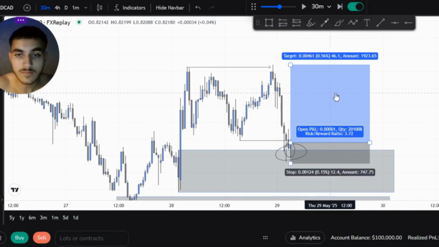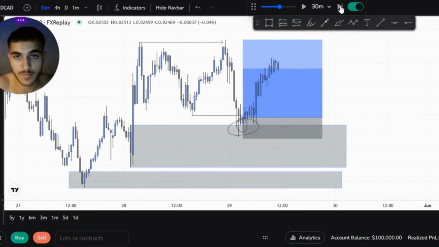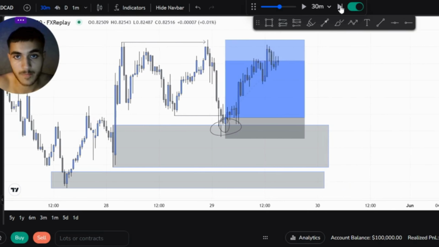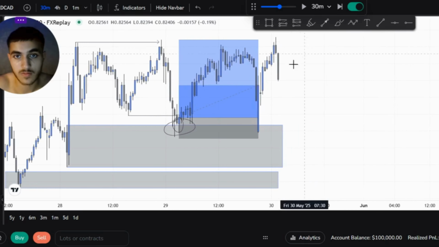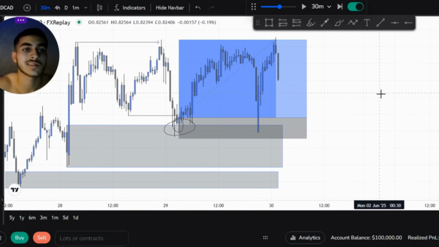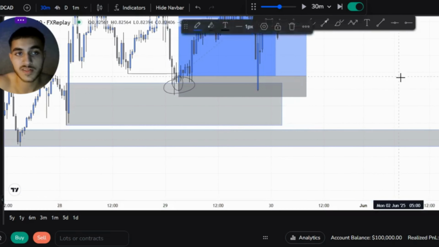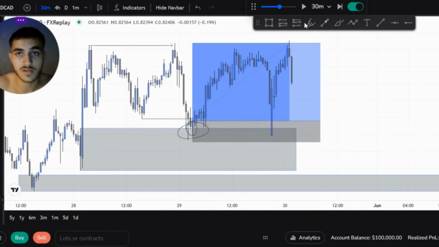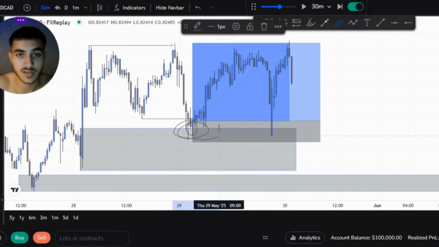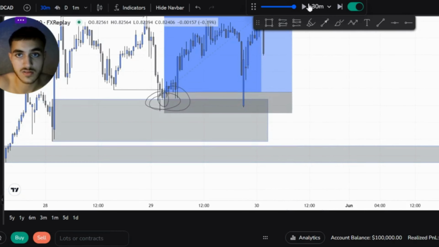Okay, we wait, and so yeah, this is our first trade. This was my first trade, and second trade was from this zone. I chose the first zone because we have the good reaction, as you can see here, and now I choose the second zone.